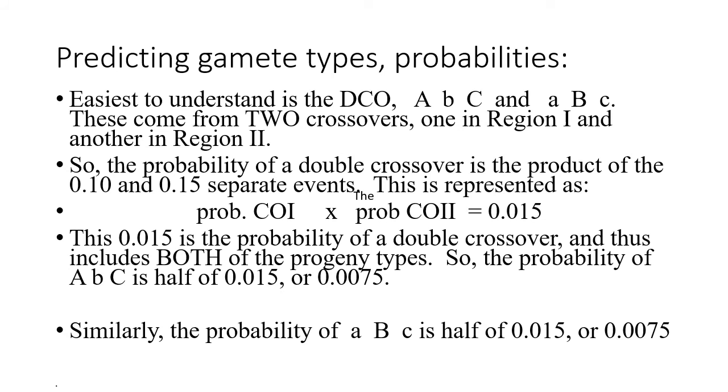The probability of both events together is the product of the separate probabilities. So we have probability of 0.1, probability of 0.15. So we simply multiply those together to get probability of 0.015 as the product of the separate probabilities. So that's the probability of a double crossover occurring within this map region. Now, the slightly tricky part about this, that's just the probability of a double crossover, which actually has two progeny types. So the probability of each of those progeny types is half of that, which is 0.0075. So together they're 0.015, individually they're 0.0075.